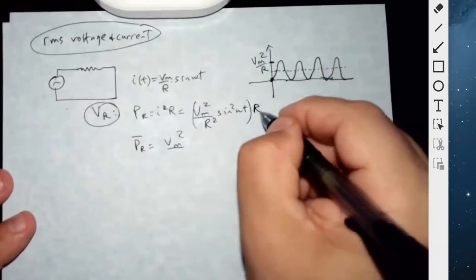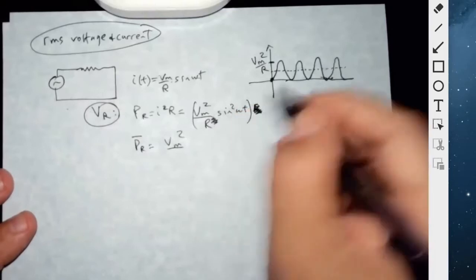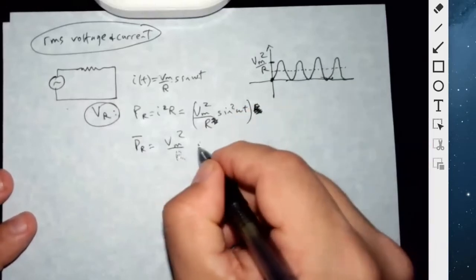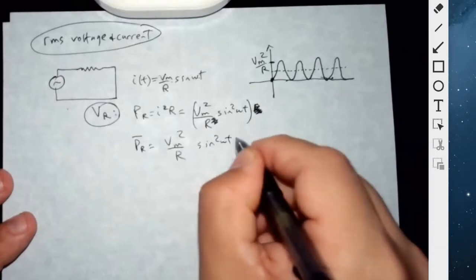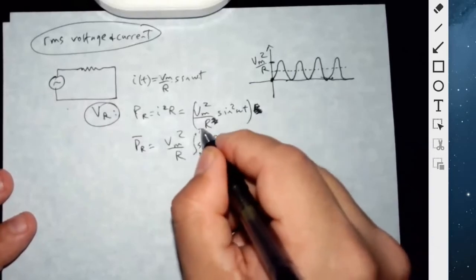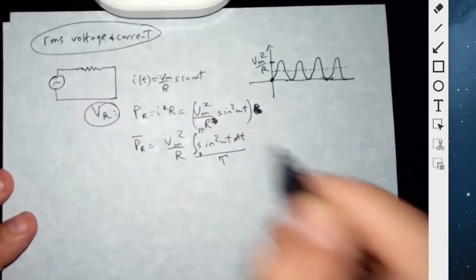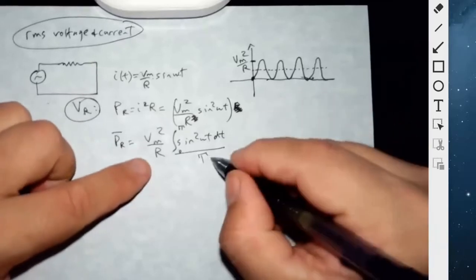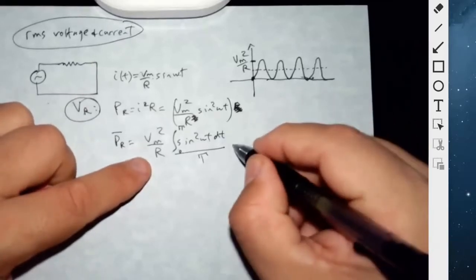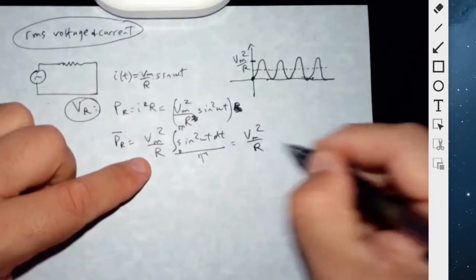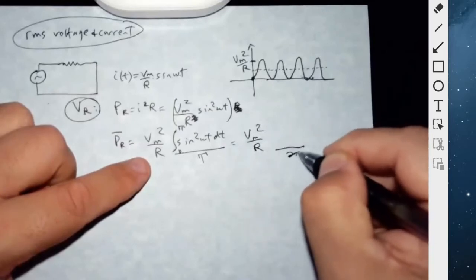By R. And then the R and the R cancel. So then you've got Vm squared over R sine squared omega t dt from 0 to the period T, one period of the motion. And the period is 2 pi over omega.